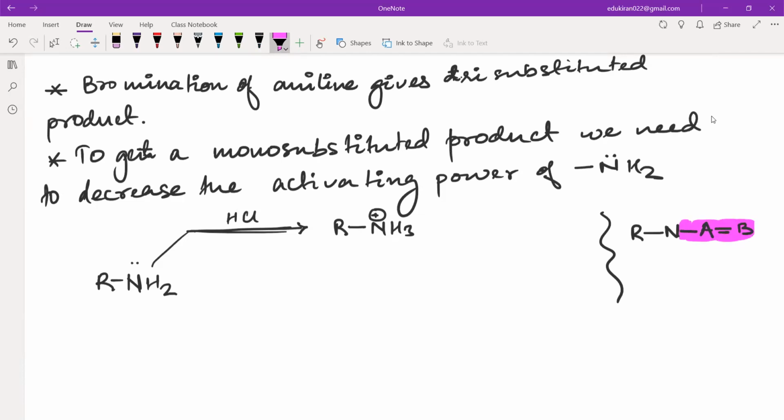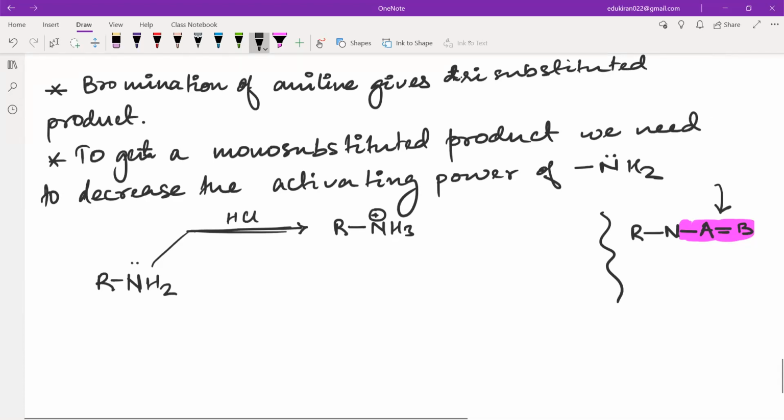Are we getting this type of fragment here? Yes or no? No, sir, where is the double bond?